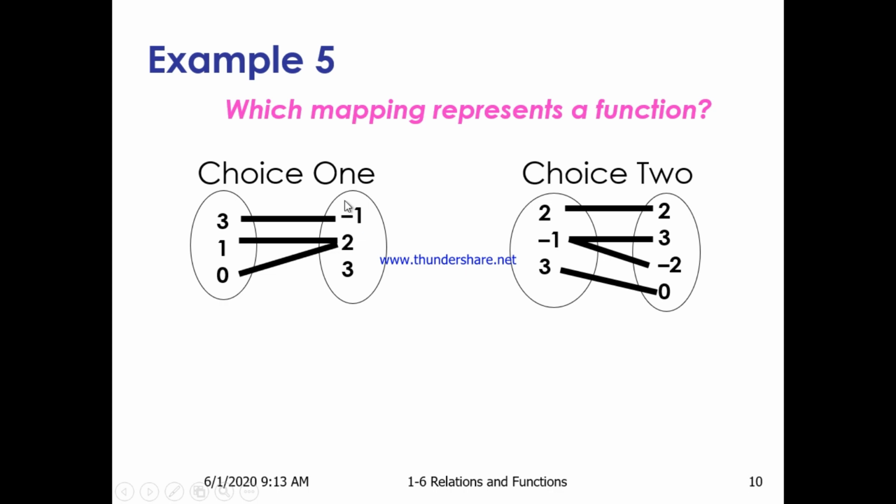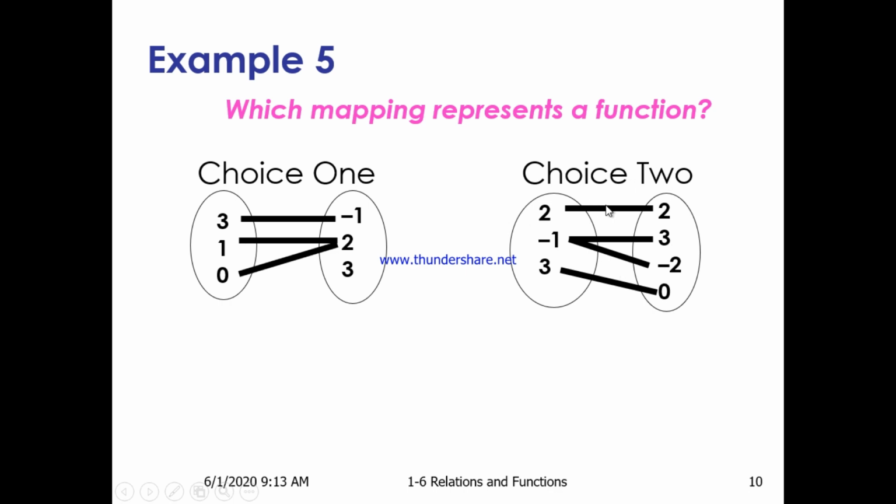This is the input, this is the output. So, try to check, even if 1 is paired to 2 and 0 is paired to 2, since 1 and 0 are paired only once, pero ngadto ra sa 2. So, meaning, this choice is a function. Choice 1 is a function.